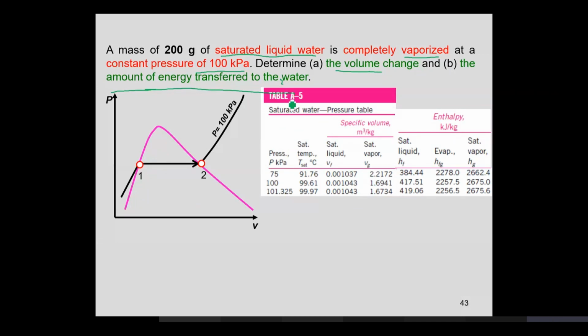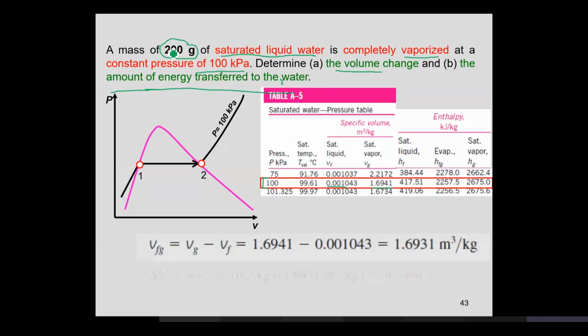You will go to table A5. You will highlight this row, which is for 100 kilopascal. You will read out the value of VF and VG. The difference would give you the change in specific volume. Then you will multiply it by the mass, which is given to you as 0.2 kg, and this would give you the change in volume.